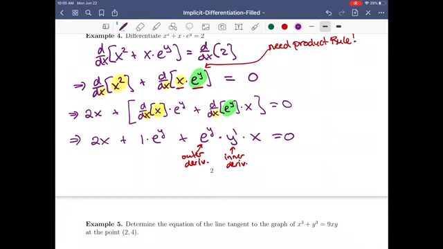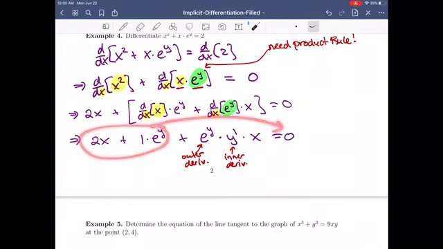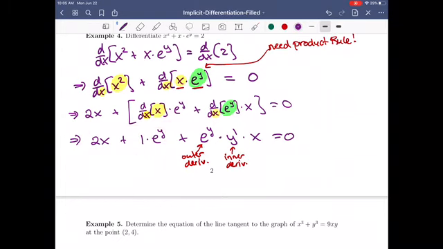Okay, so now I just want to solve for y prime. There's only one term that has a y prime, so I'm just going to move these terms to the other side. Okay, so we have y prime times e to the y x is equal to negative 2x plus e to the y. Oh, I'm sorry, minus.